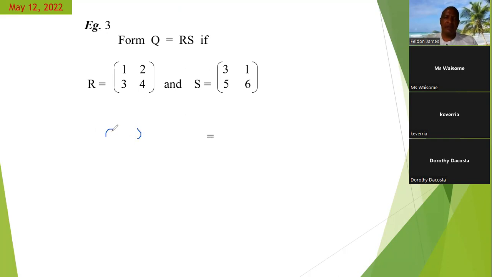All right, so let's just rewrite it. So we have, I'm going to put 1, 2 in it. And then now I'm going to use 3, 1, 3, 5. All right, so 3, 5.